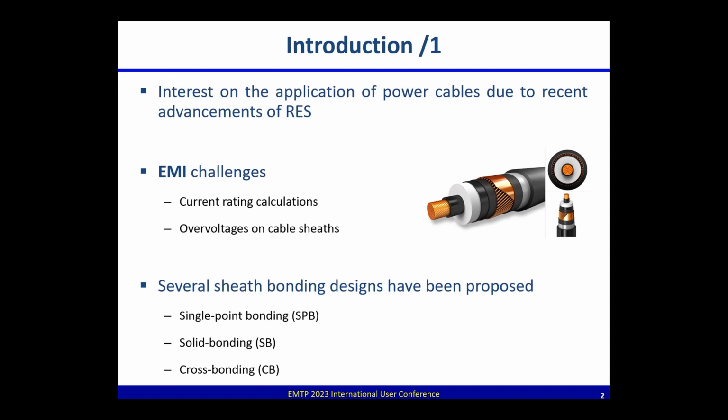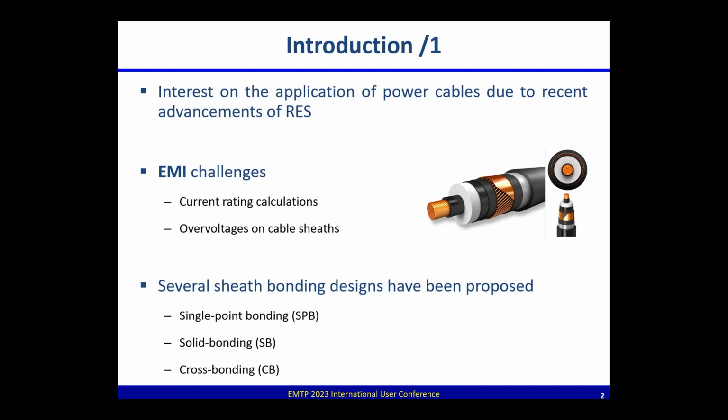As we saw in the previous presentation, there are several bonding designs and schemes that are proposed in the literature. There are several papers and different CIGRE brochures that analyze this aspect. There are three main categories. The first one is single point bonding, SPB, where one end of the cable metallic sheath is open circuited.